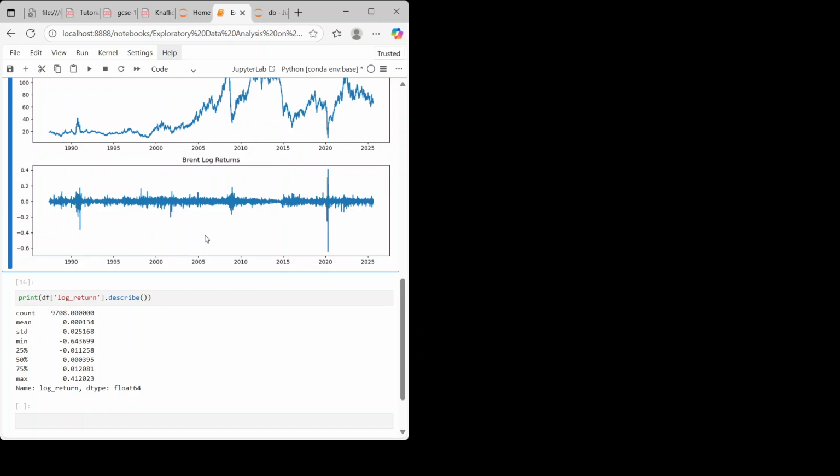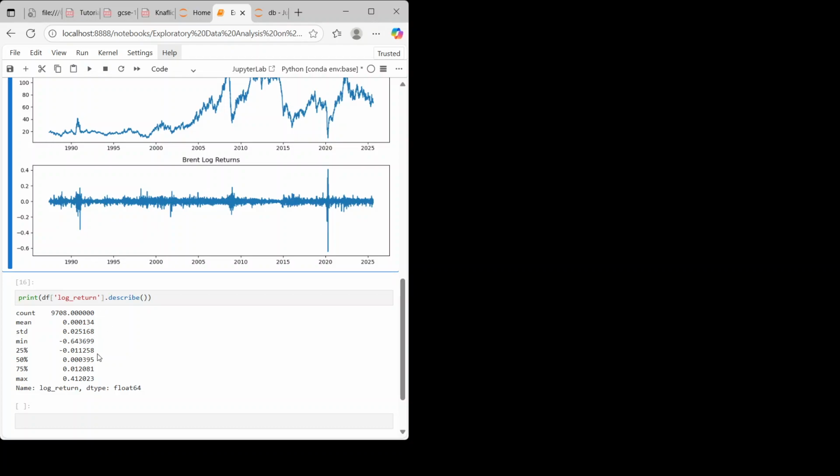The standard deviation of about 0.025 is about 2.5%. It means that prices typically fluctuate about 2.5% upwards or 2.5% downwards, plus or minus 2.5% every day. So for crude oil, this is moderate to high volatility.